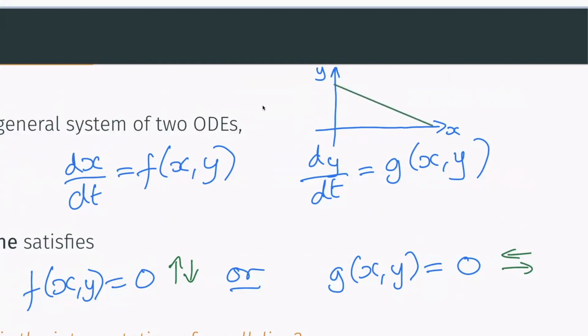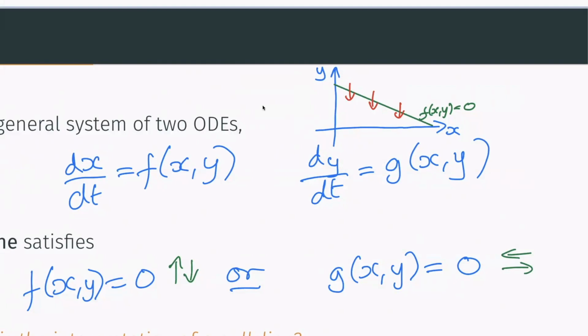So suppose we have a line like this, and suppose this corresponds to f(x,y) being equal to 0. That's saying that on this line, we can only move up or down. So those little arrows I had before from x0, y0, going in some direction up and some direction to the right: when we're on a nullcline, we can only go up or down, or left or right.